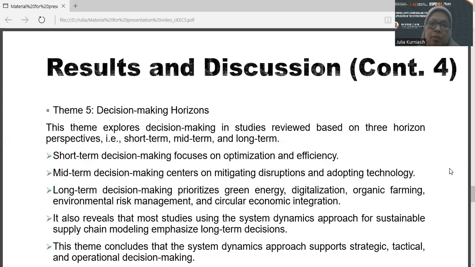Long-term decision-making prioritizes green energy, digitalization, organic farming, environmental risk management, and circular economy integration. It also reveals that most studies using the system dynamics approach for sustainable supply chain modeling emphasize long-term decisions. This theme concludes that the system dynamics approach supports strategic, tactical, and operational decision making.